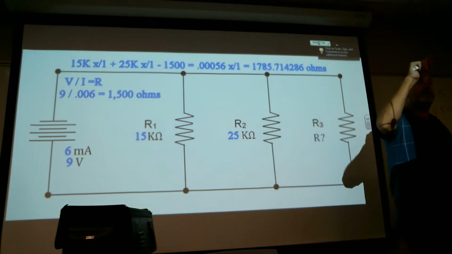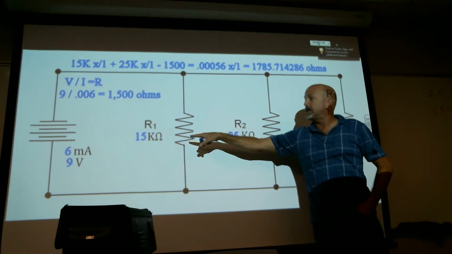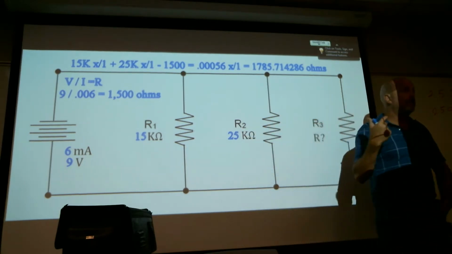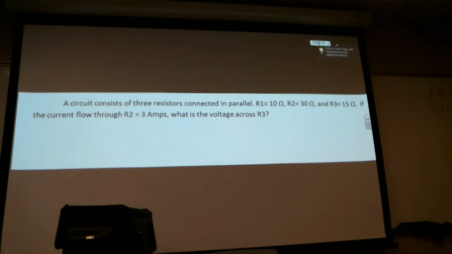So you can do 1,500 ohms, 1 over x minus 15K, minus 1 over x. It is hard. The first way that I showed you up here is easier. So you have a couple of ways, but this one's easier: figure your two currents, and the total current is given and subtracted.